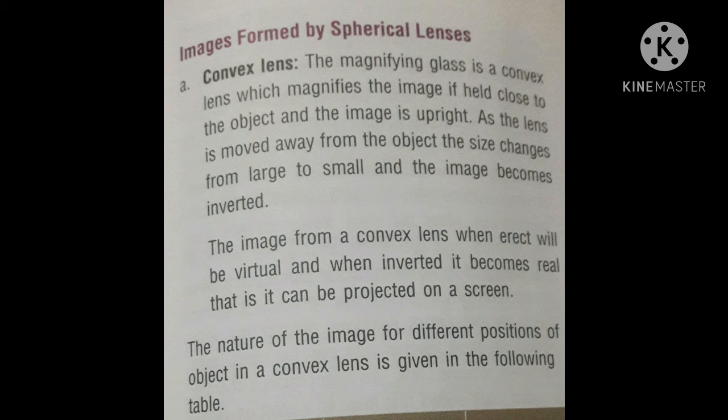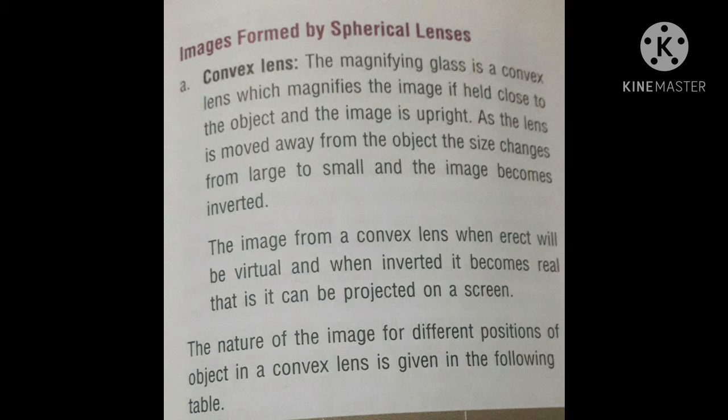Images formed by spherical lenses. Convex lens. The magnifying glass is a convex lens which magnifies the image if held close to the object, and the image is upright. As the lens is moved away from the object, the size changes from large to small and the image becomes inverted.